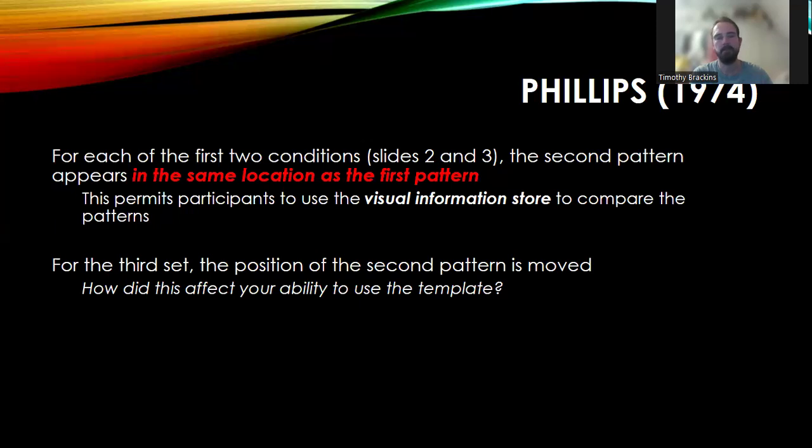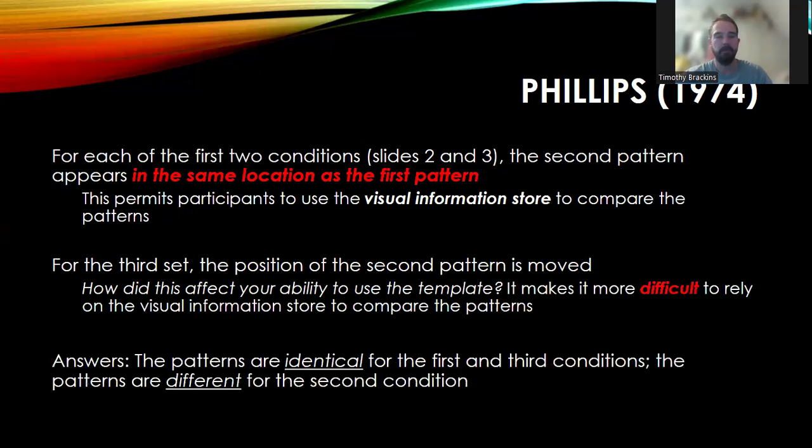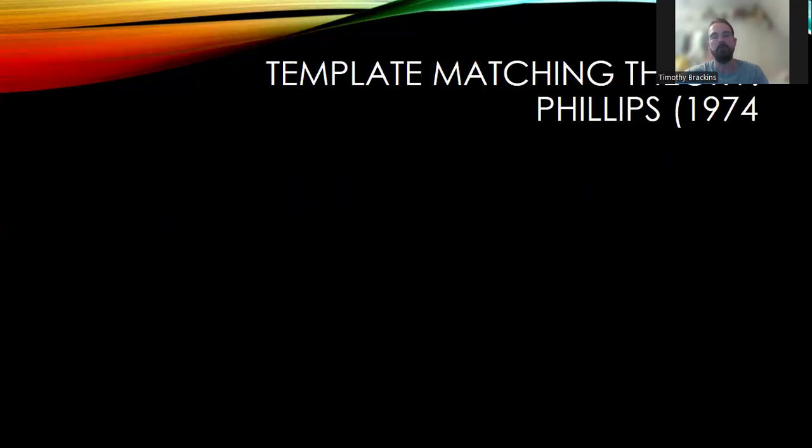And the idea is that this allows participants to use the visual information stored to compare the different patterns. For the third set, the position switched, it was moved. And the idea is that the patterns are identical for the first and third conditions. They're different for the second condition. And that the pattern switching over to the right is what prevented people from noticing whether it was different or the same.